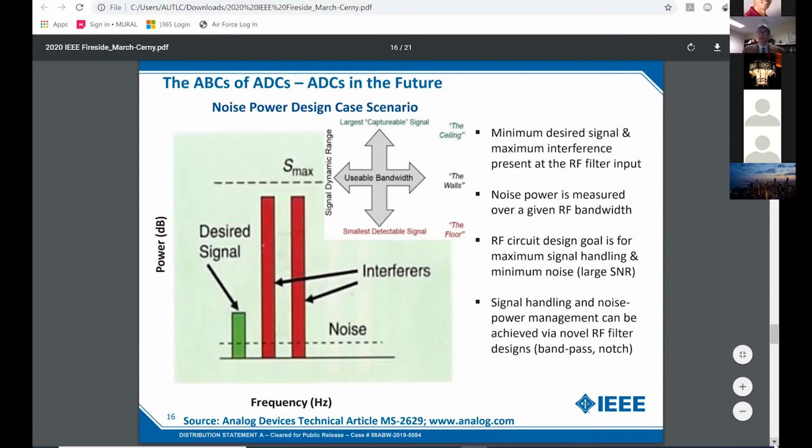But in your initial design, you'll obviously want to have the maximum amount of signal to noise and then be able to work through the adaptation via filtering and other signal matching parameters to go ahead and pick out your desired signal. Okay?